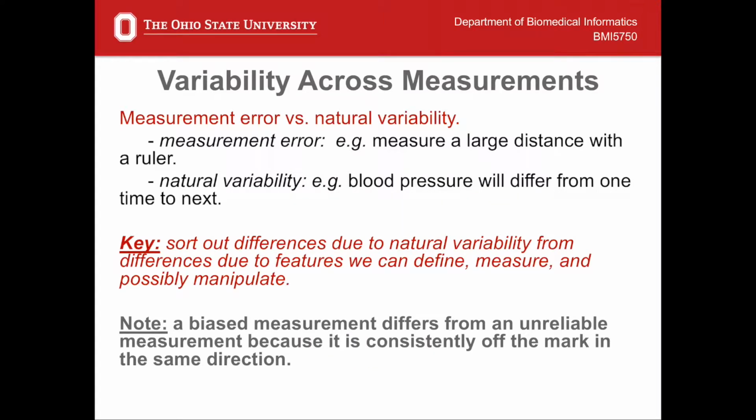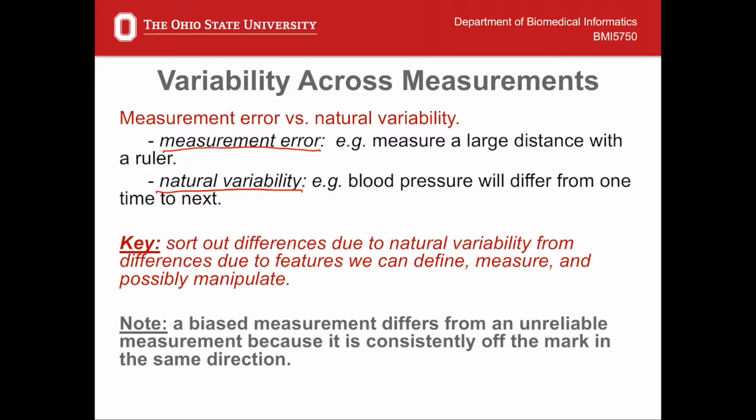One very important point is we need to distinguish measurement error versus natural variability. One example of measurement error is when we measure a large distance with a ruler. The measurement that we get from the ruler is not always the same. That's the measurement error. And there is another concept called natural variability.